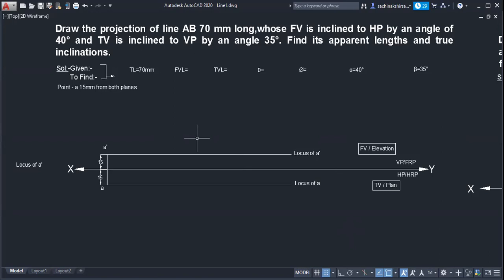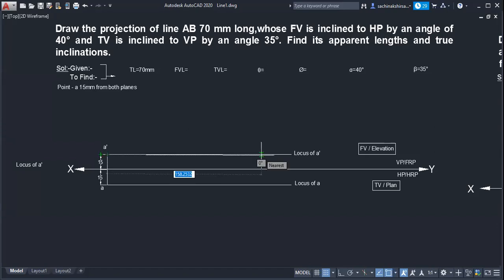Alpha is 40 degrees. Is alpha a true angle or an apparent angle? Apparent angle. It is the angle made by which length with what? FVL with HP.